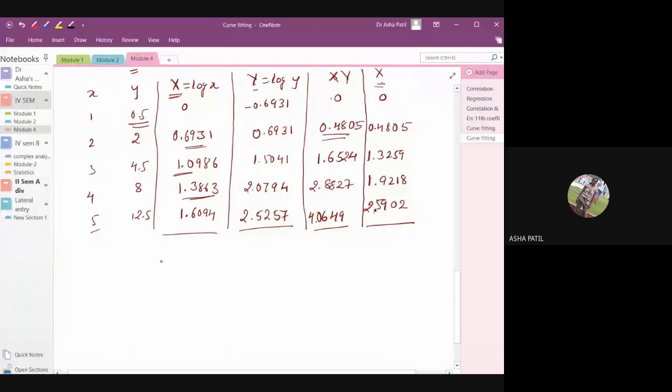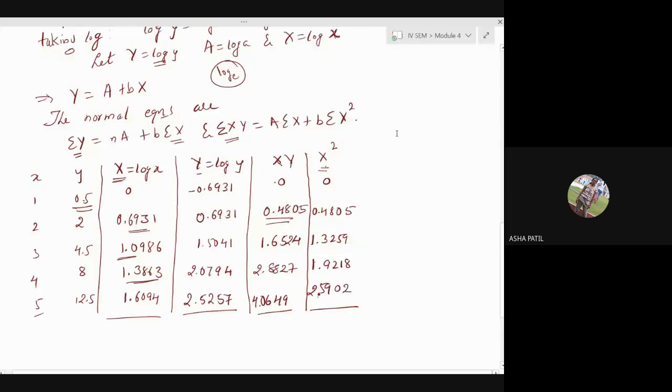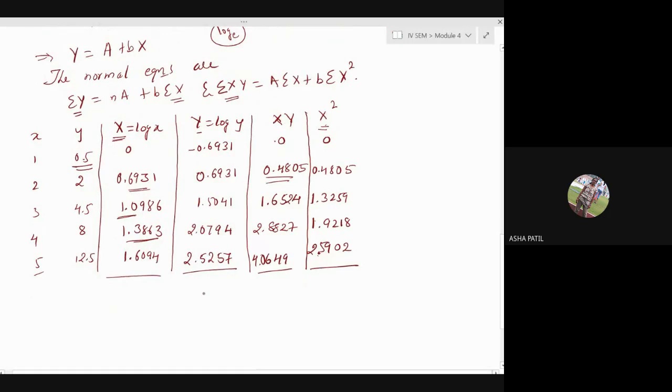Go for those summations. Summation of x equal to 4.7874. Okay.